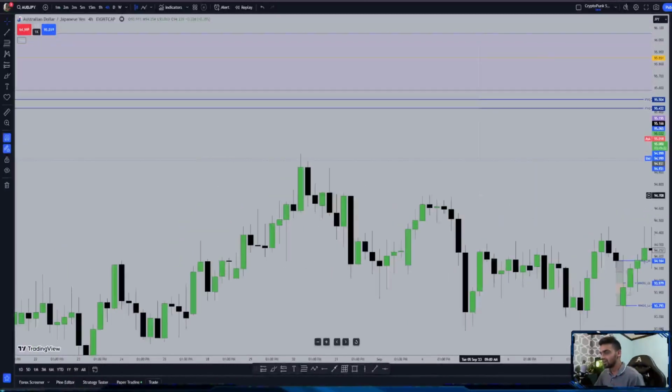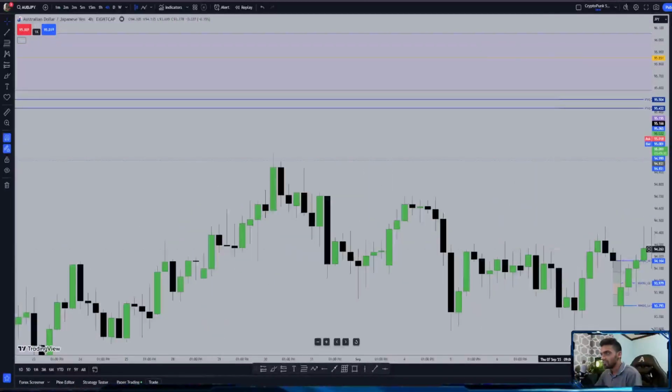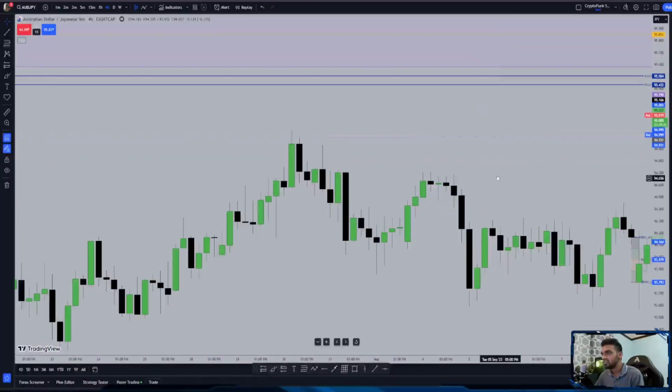Hope you can do the homework. It's very simple and easy, because all you need to remember is that for an up close candle, in this case a green candle, the opening is at the bottom and the closing is at the top, and for a black candle the opening is at the top and the closing is at the bottom. As you can see, this is a very good example.